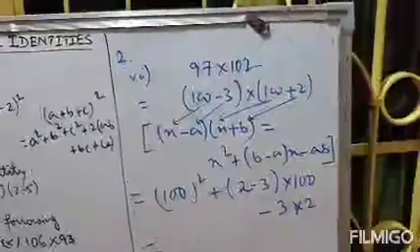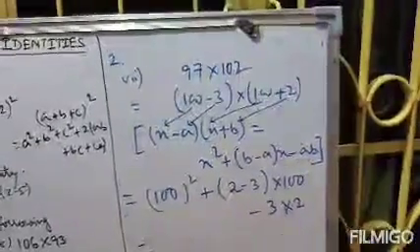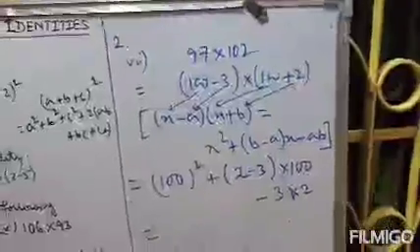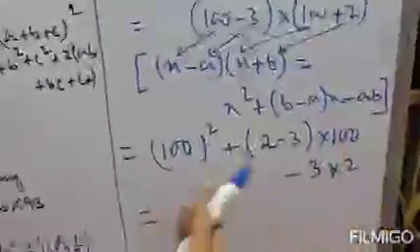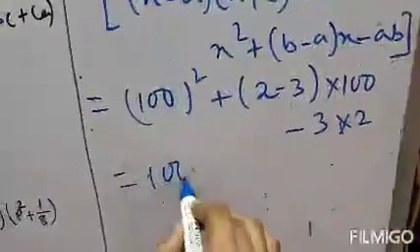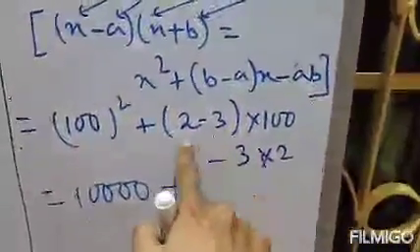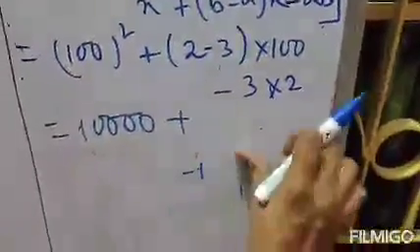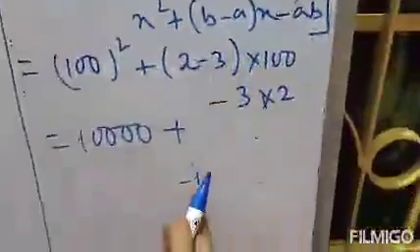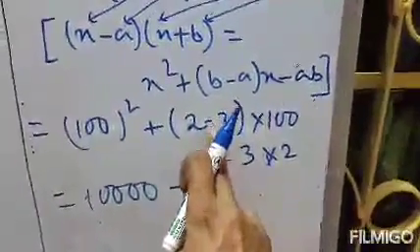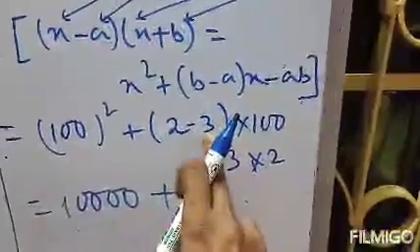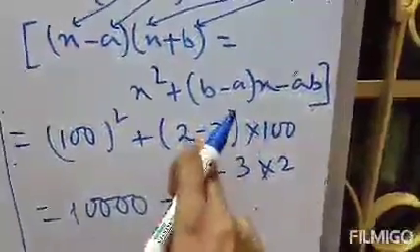So b minus a, b is 2, that means we just put the value, that means 100 square means 10000 plus. Just do this carefully. 2 minus 3 means minus 1, because the bigger number is 3, so the sign before the bigger number is minus.